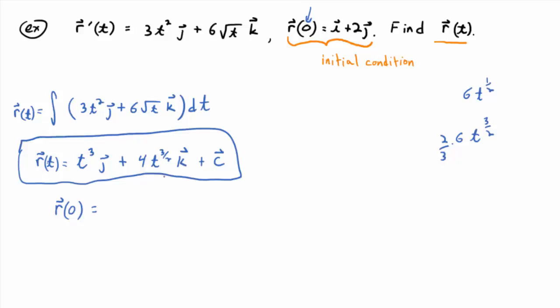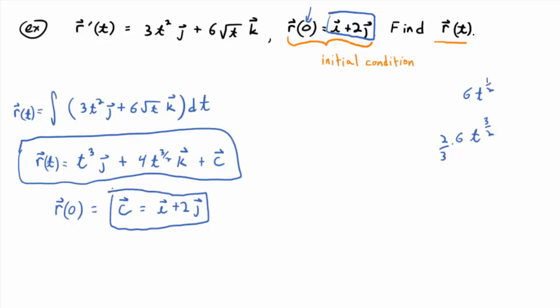They turn out to be 0, don't they? And you're just left with c as a vector, right? But wait a minute. We know what c then equals. At t equals 0, it must be i plus 2j. So you can set c equal to i plus 2j. And that tells us exactly what the constant vector equals because it's an initial condition. And not just that, it's because t equals 0 there.